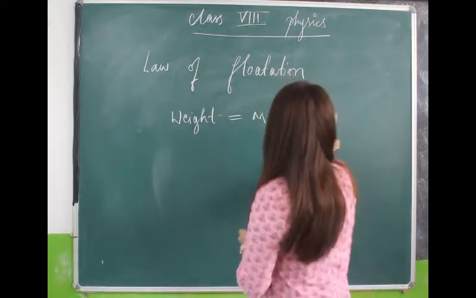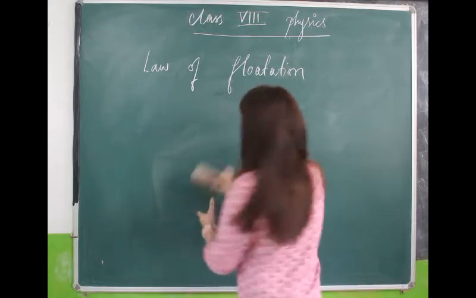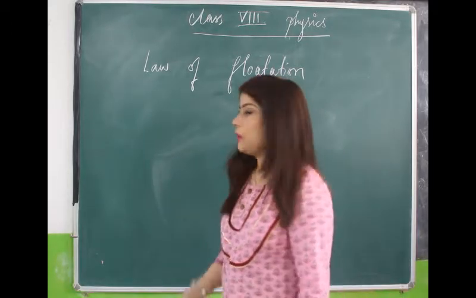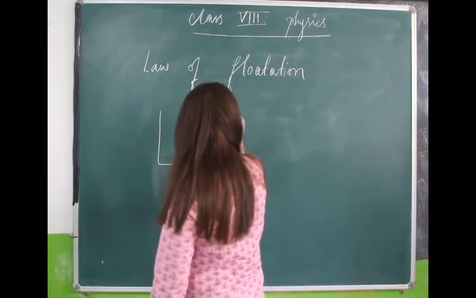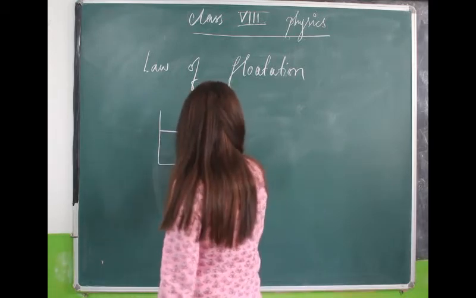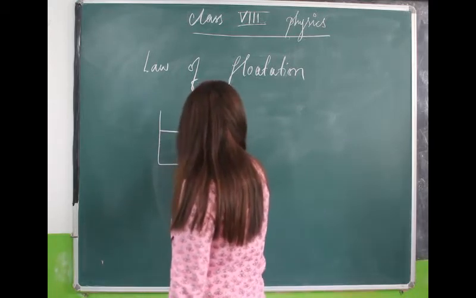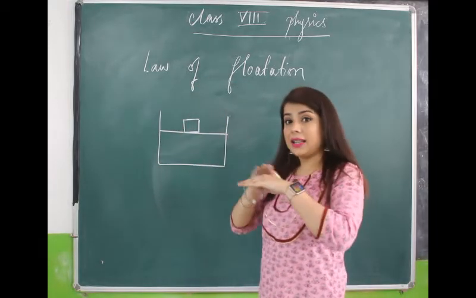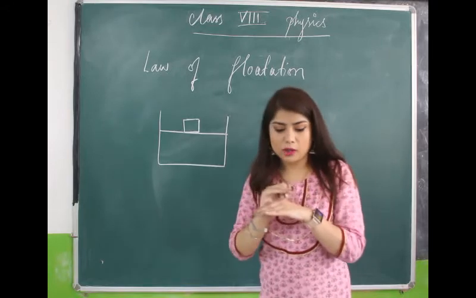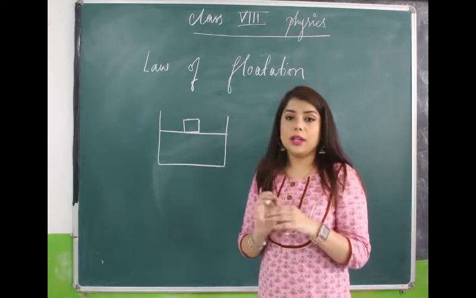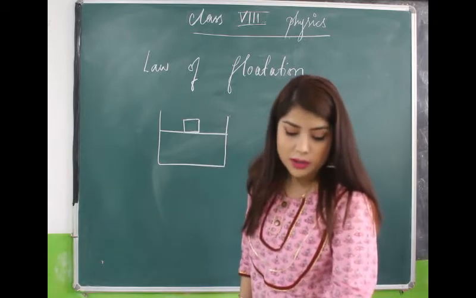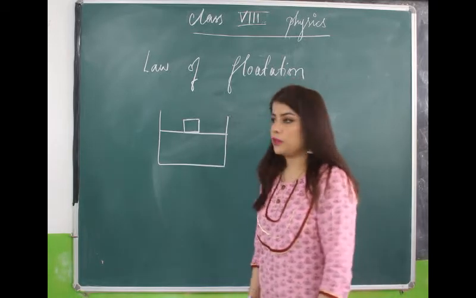First of all, I'll give you an example. When a body floats in a liquid, at the top of the surface, not going down, the weight of the liquid displaced by its immersed part is equal to the total weight of the body.